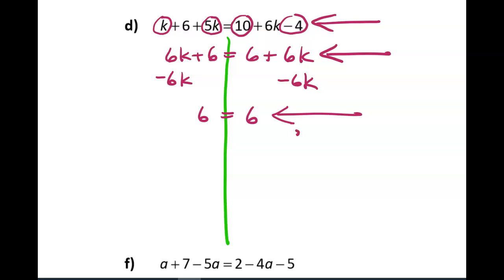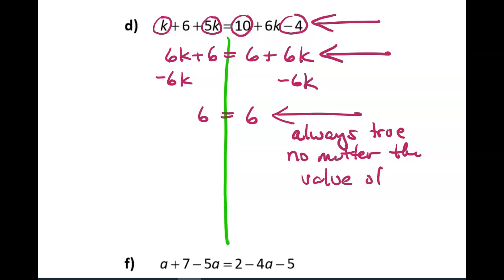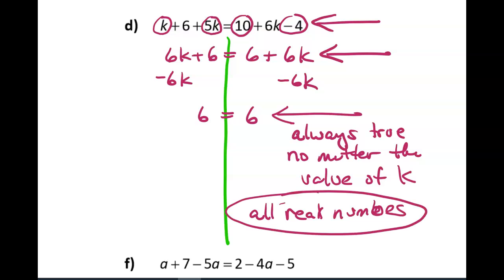Well, 6 equals 6 is always true no matter what the value of k is. So what that means about k is that k can be any real number. So I'm going to write that our solution set here is the set of all real numbers.